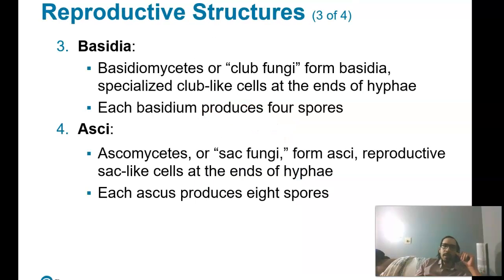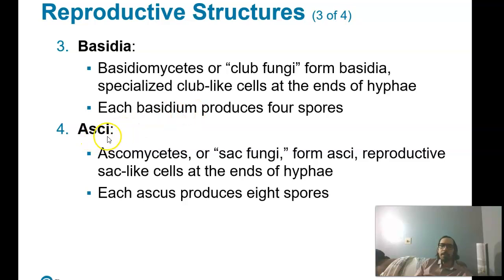Then we have the basidia, which is from the Basidiomycetes. That's known as the club fungi, also known as Basidiomycota. These have specialized club-like cells at the ends of the hyphae, and each basidium produces 4 spores.